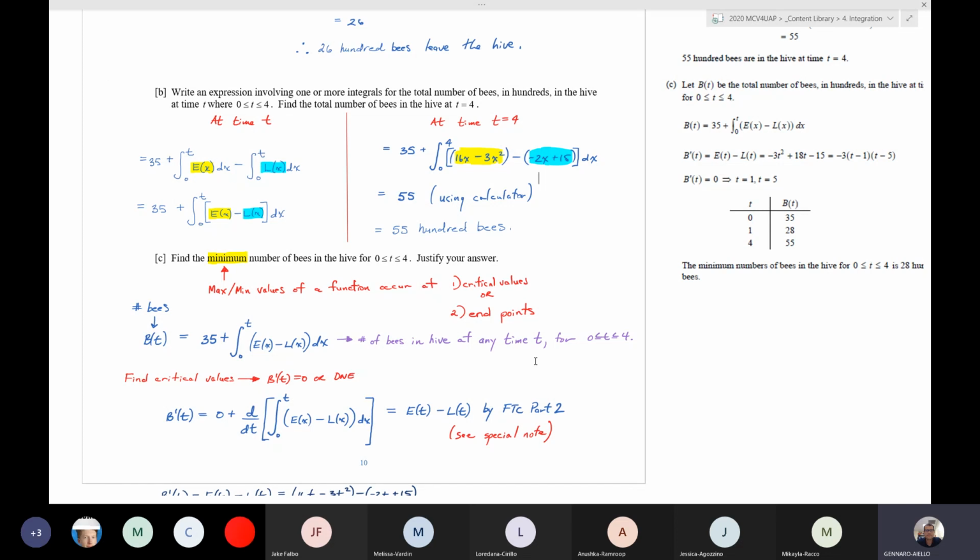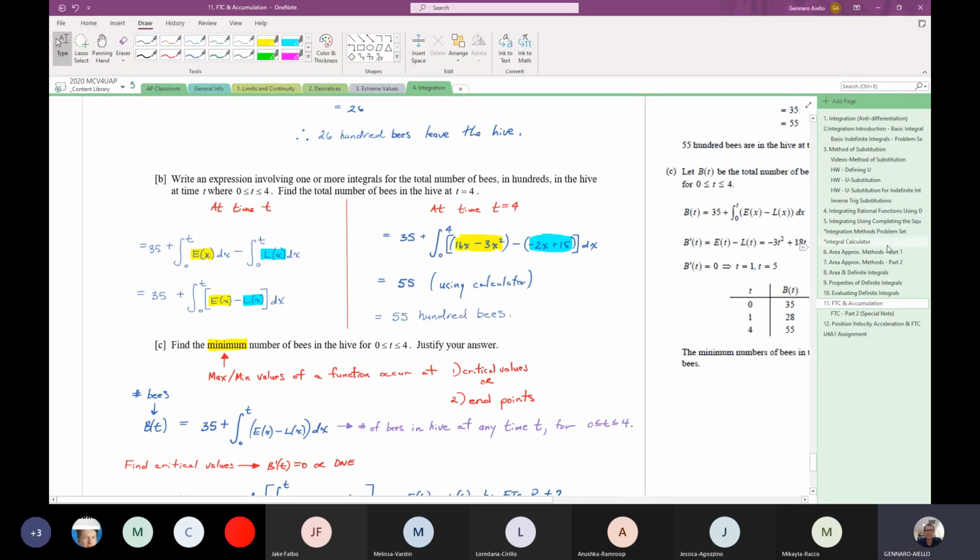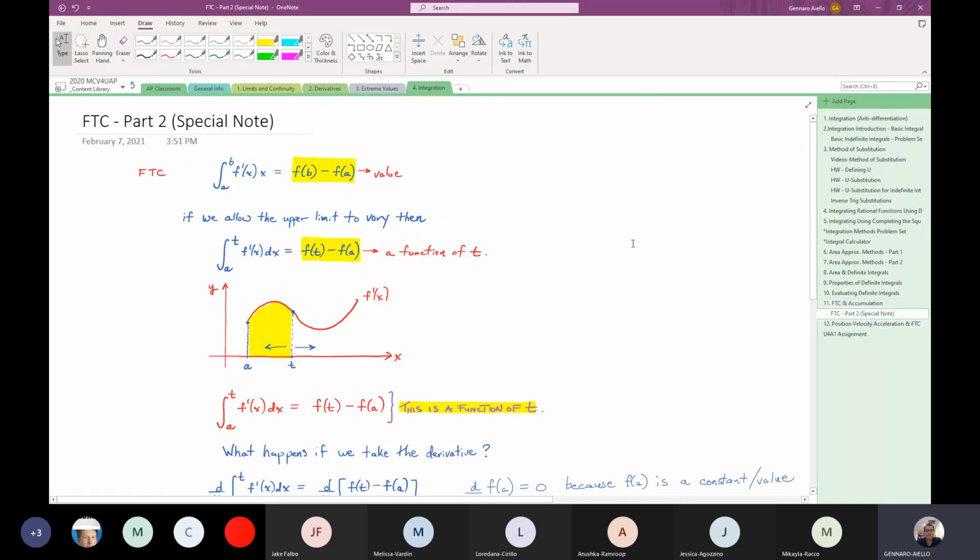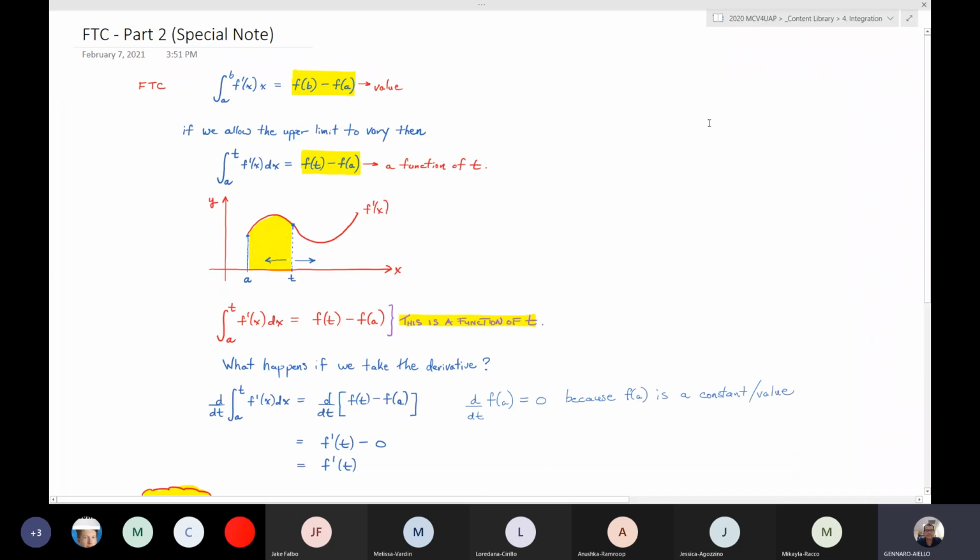But the problem is I'm not quite sure how to deal with finding the derivative of that integral there. So I've created another note here just to cover that. Now, we're going to talk in more detail about this later on, and I'll explain when we get to the end of the note why we're going to do that.